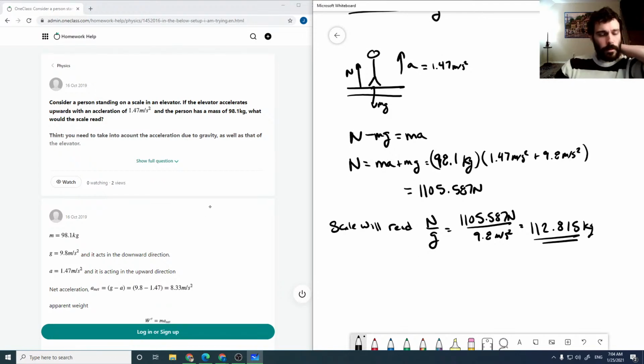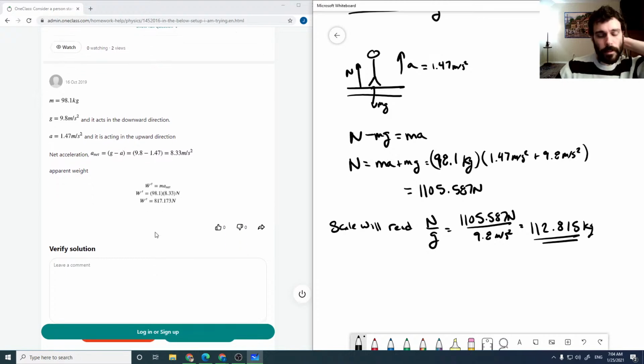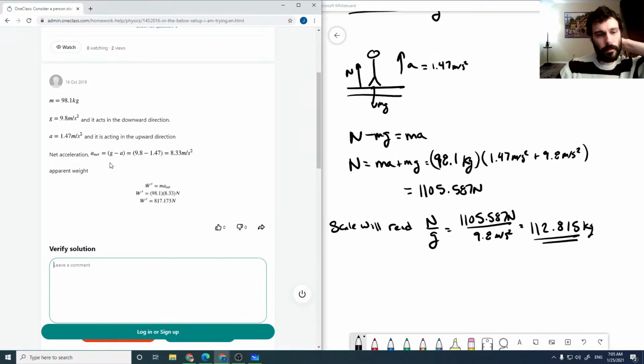So that makes sense. If we check the solution here, they calculated a net acceleration and got an apparent weight that was actually less, but that doesn't make sense from what we were just saying, and so that's just incorrect.